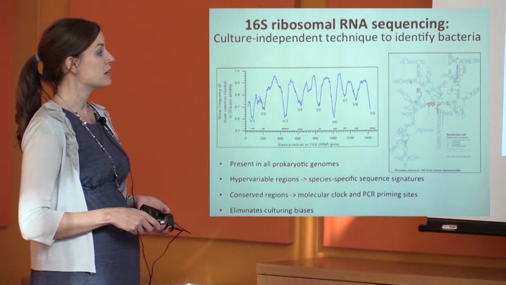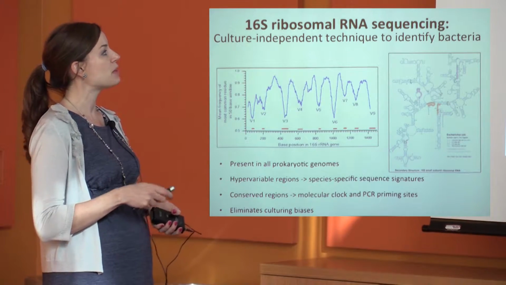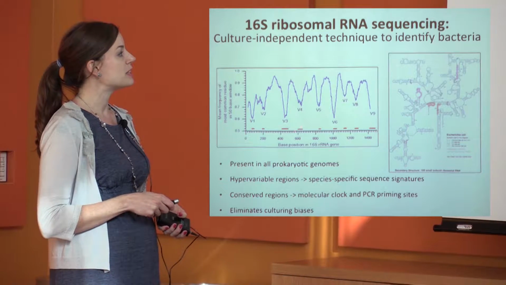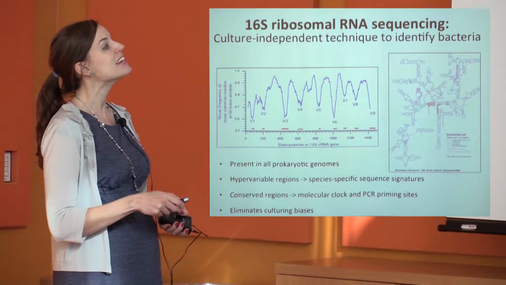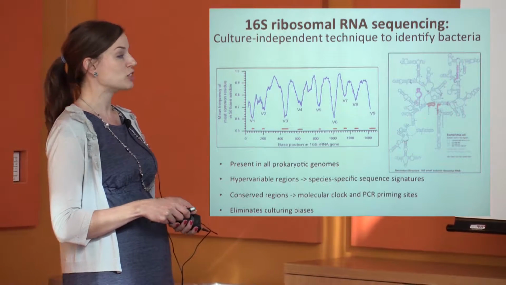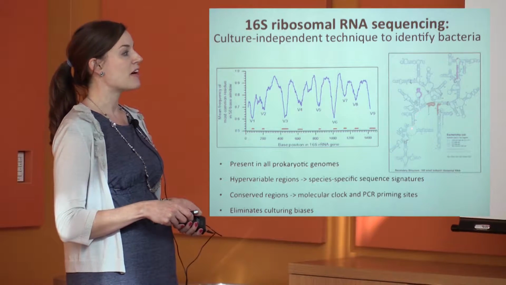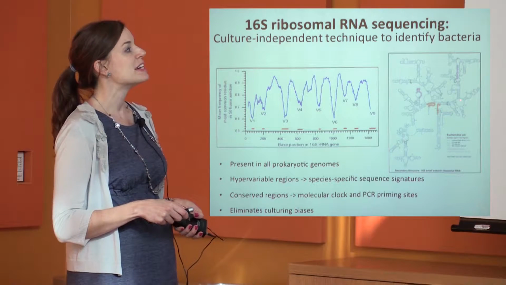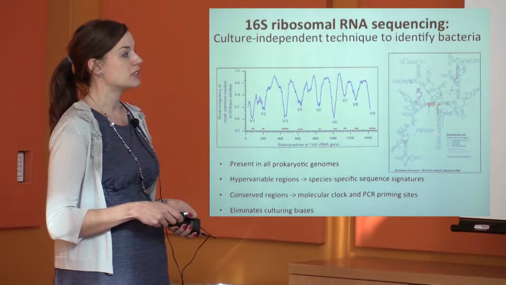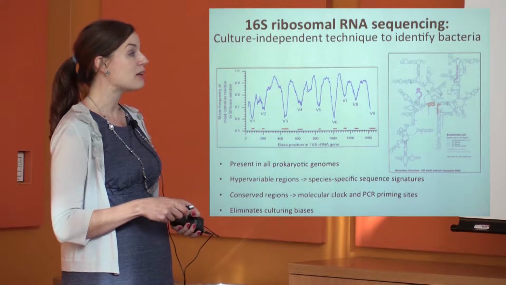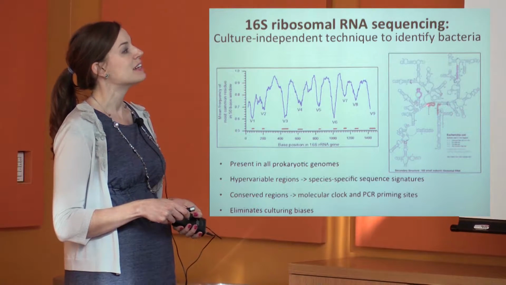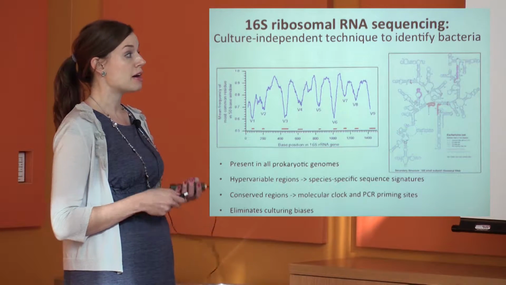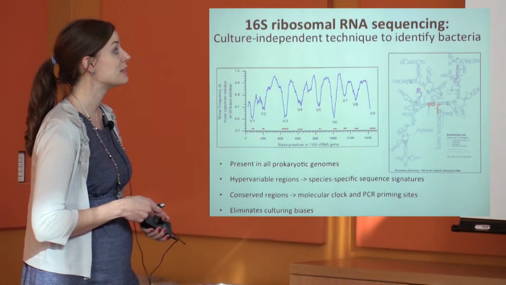So you can use PCR to amplify the gene. This is the structure of the RNA that is produced from the gene. It's a structural, or housekeeping, RNA, and these many stems and loops in this RNA are vital to its function.